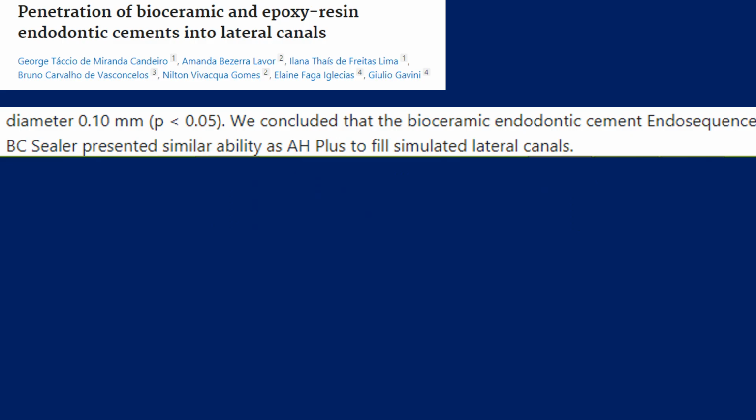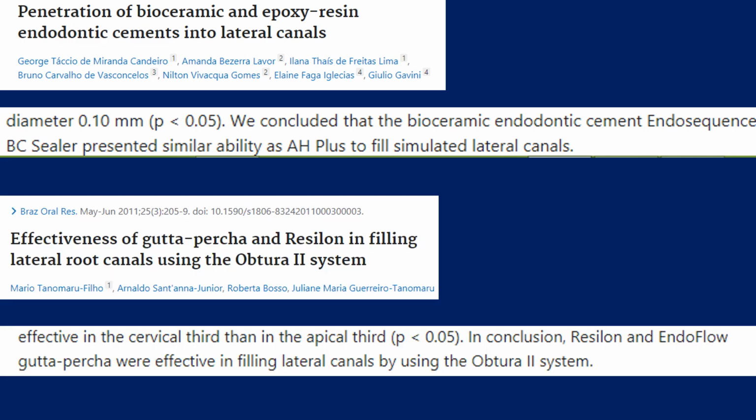Literature always states that bioceramic sealer or any type of sealer may make a good hermetic seal in the apical region, and this is what is very important. It's important to seal the area apically.